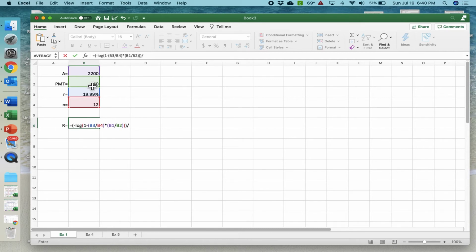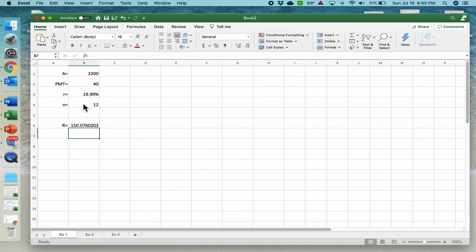Divided by everything on the bottom, which was log of, everything in the log needs to be in parentheses, so 1 plus, and then the rate divided by N needs to be in parentheses also. Close, close, close everything on the bottom. And cross your fingers, got it.